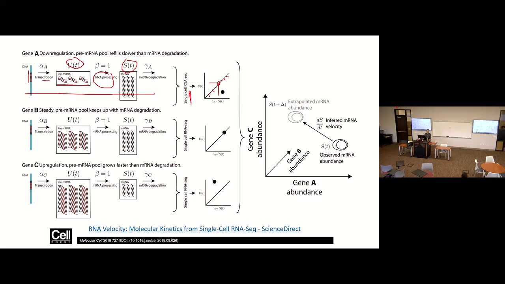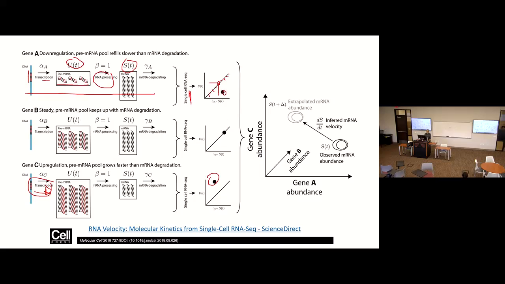If you find a lot of this unspliced, that means this has been upregulated very quickly, rapidly. Transcription has been upregulated.